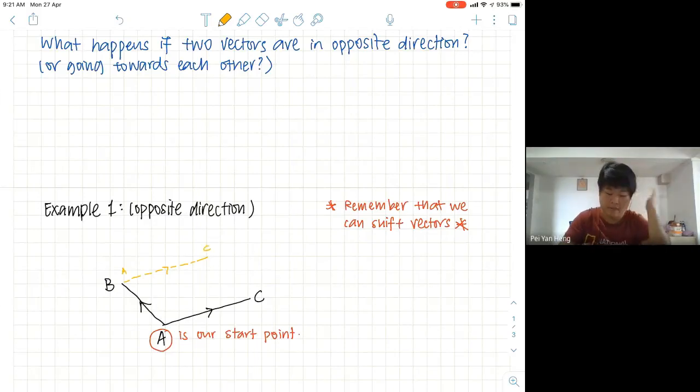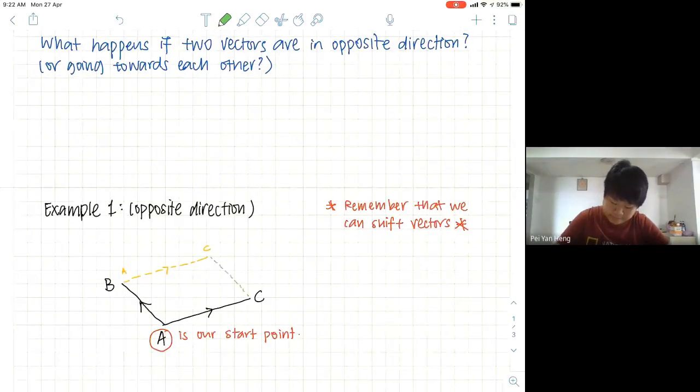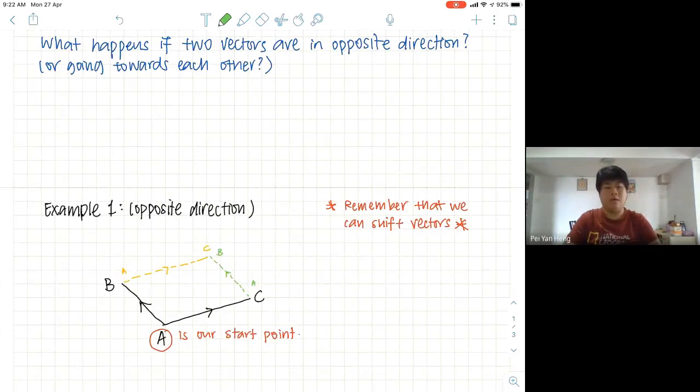Or if you want to move AB, because your starting point is at A, when you move along AC, you stop here. So you have to continue in this direction to make it work. If you want to move AB out, then it would be like this. You notice that we actually form a parallelogram.